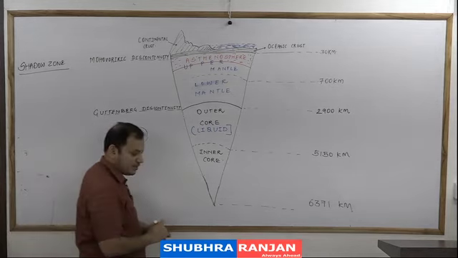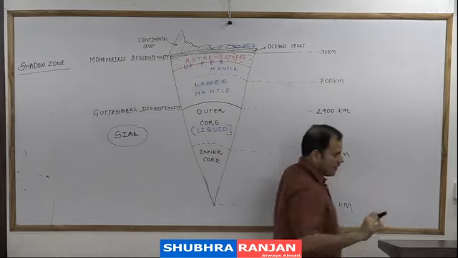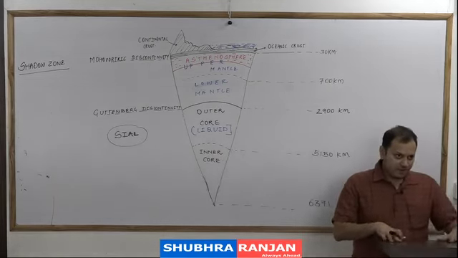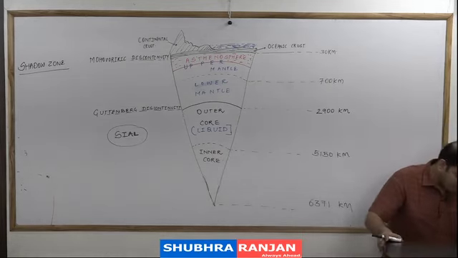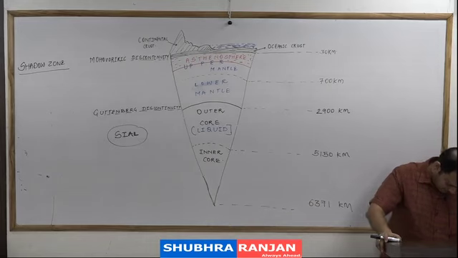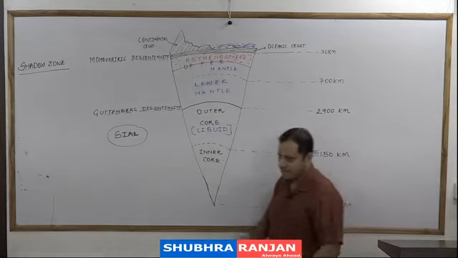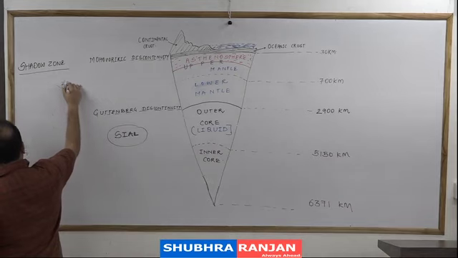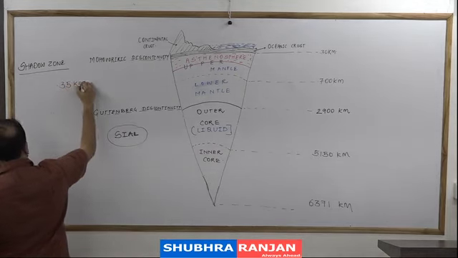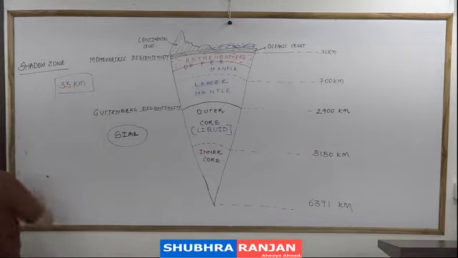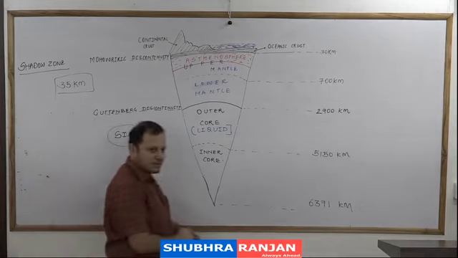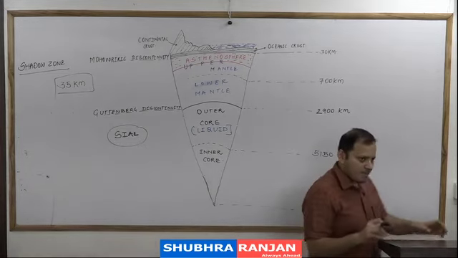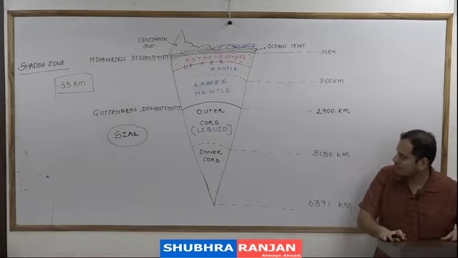It has an average thickness of around 35 kilometers.